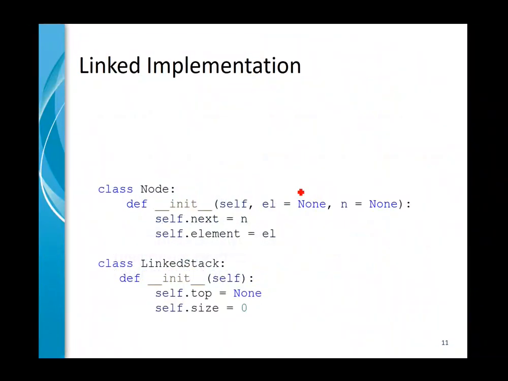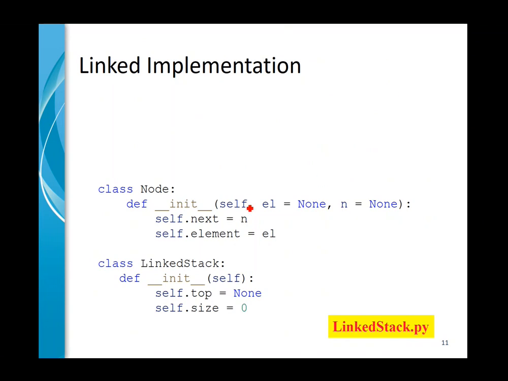This is the implementation, and you can find it in the link stack Python file, which is given to you. The code is already given to you, and you can see the whole set of code here.